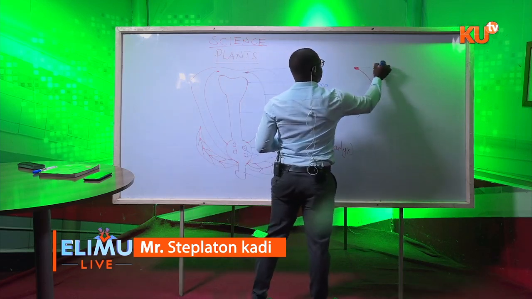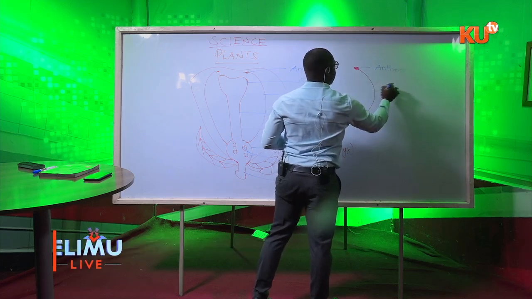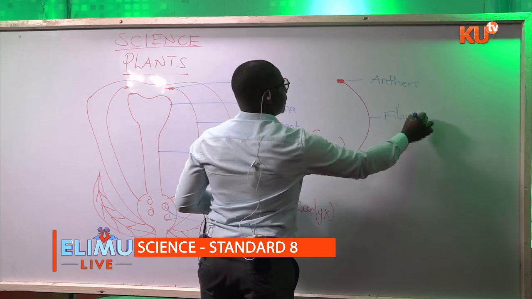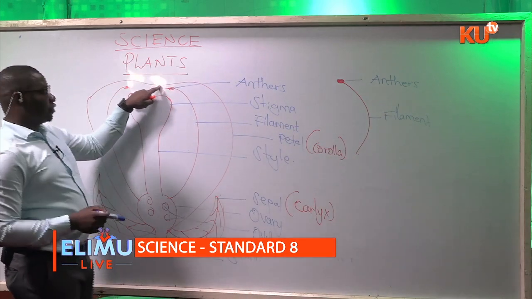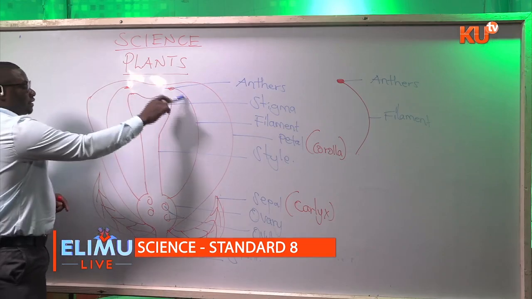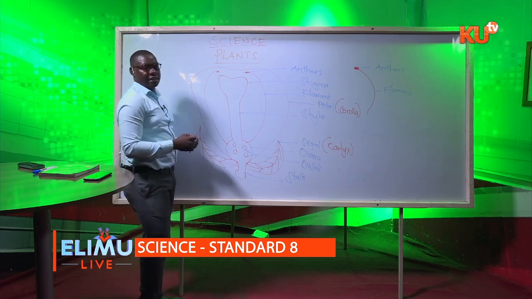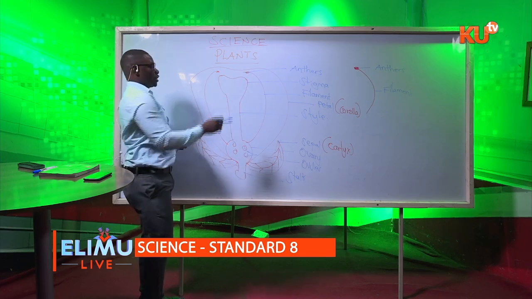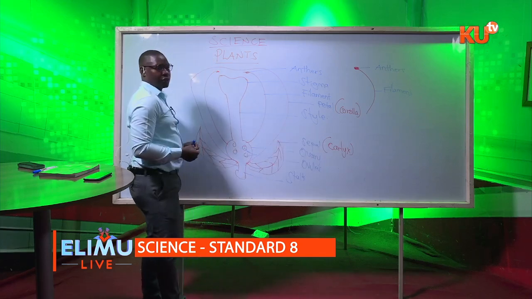The male parts will have the anthers, and then we will have the filament. Those are the male parts of the flower. If you look in the original diagram, this drawing alone as part of the whole diagram represents the male parts of the flower. So we have the anthers and the filament forming the male parts of the flower.